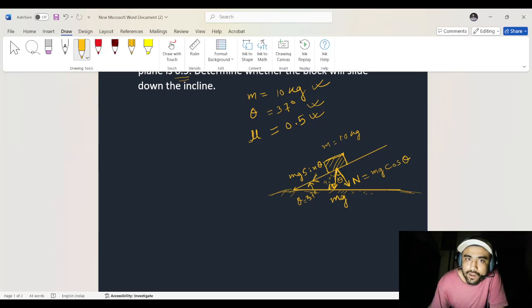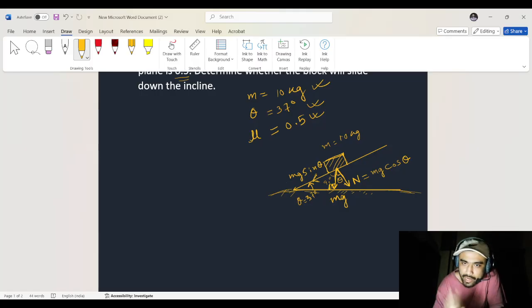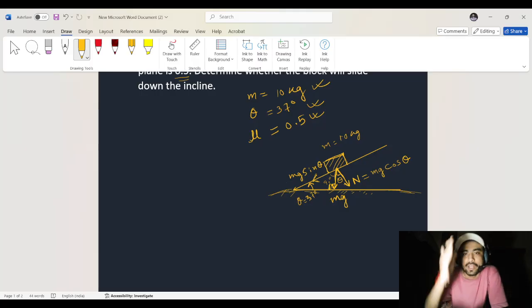Now, what is friction? Suppose there is no friction, this is frictionless. According to Newton's second law of classical mechanics, if you apply a force on an object in a certain direction and there is zero resistance, the object will keep moving along the direction of the applied force for eternity.